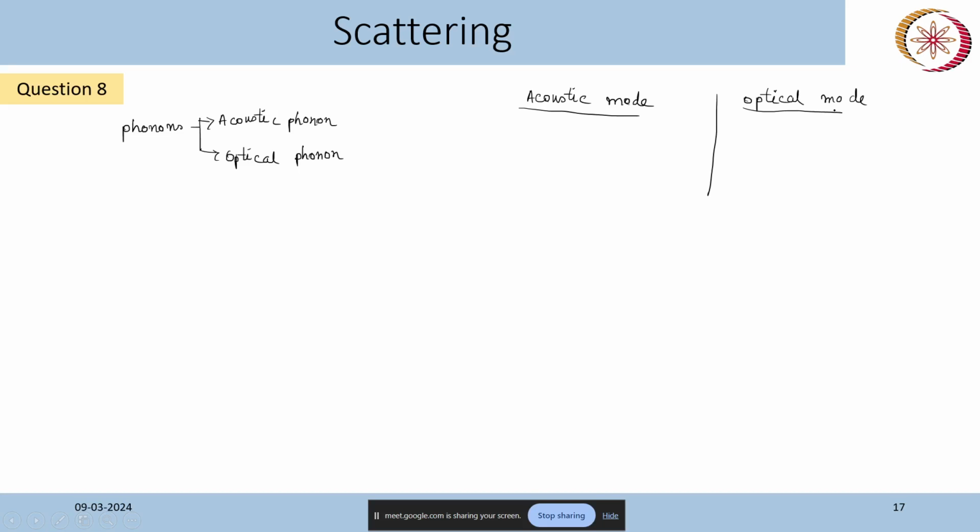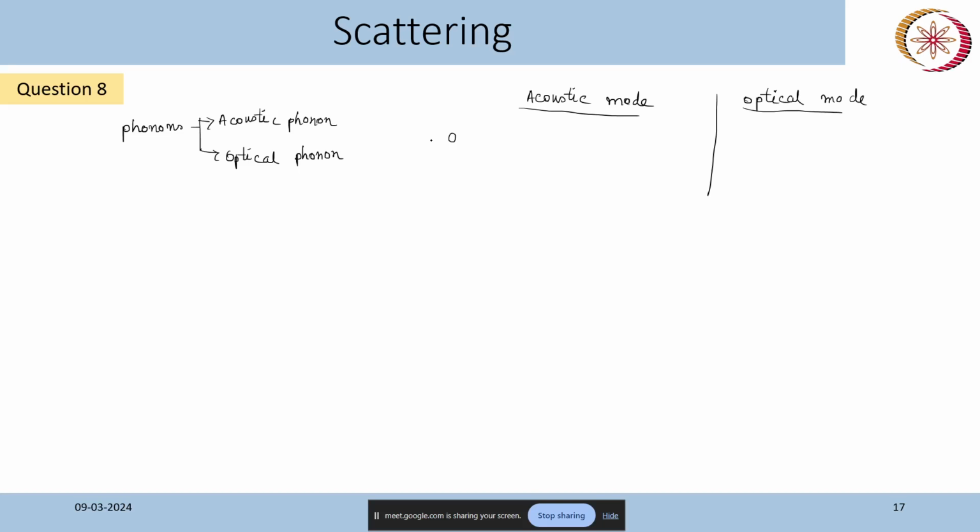Suppose this is atom 1, and this is atom 2, which is maybe of a different type. Then again the first atom, the second atom, and it is repeated.